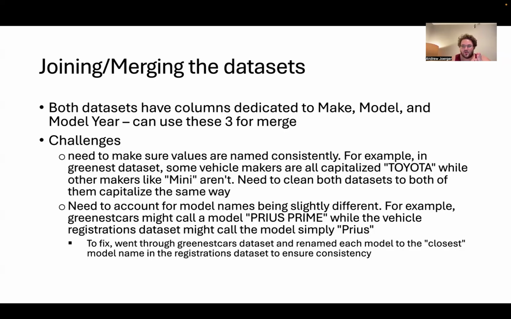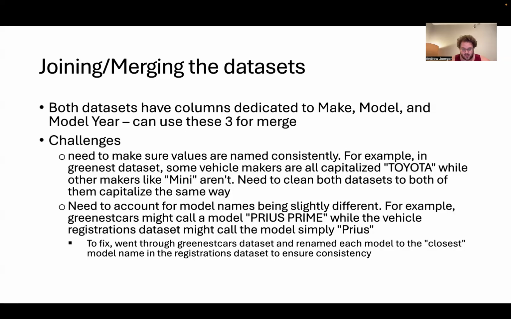You might see Toyota in all capitals, while other makers like Mini aren't. So they aren't consistent in how they write the name of a make. And not only is it inconsistent within one data set, but it was also inconsistent between the two data sets. So a challenging step was to clean both data sets and make sure they capitalize the same way so that they can be properly matched.